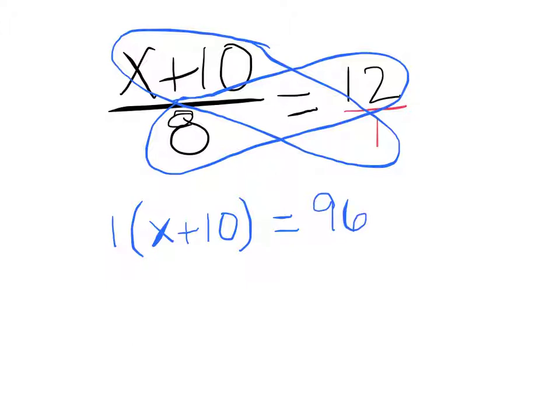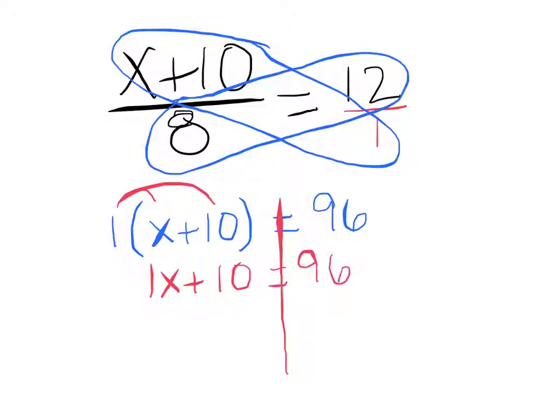Now when I look at this equation that I need to solve, I need to use one of those other steps we talked about, which was distribution. We're going to distribute the 1 to both things in the parentheses. So we end up with 1x, or just x if you want, plus 1 times 10, which is 10, equals 96. Now we can undo.